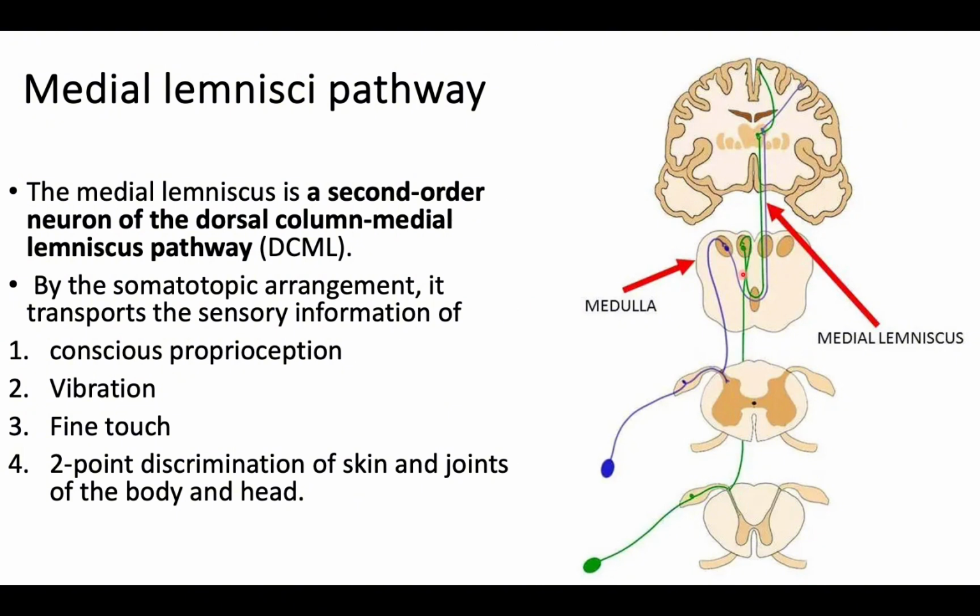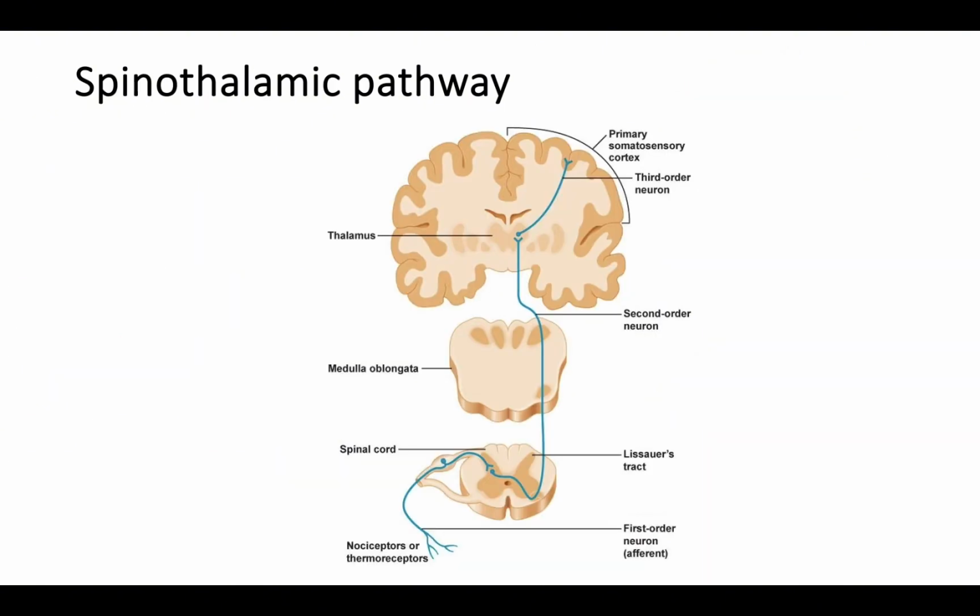So you can see this will be the fasciculus gracilis, synapsing at the nucleus gracilis at the medulla, and then it also crosses the midline and rises to the thalamus, and then the third order neuron will pick the information and take it to the primary somatosensory cortex.